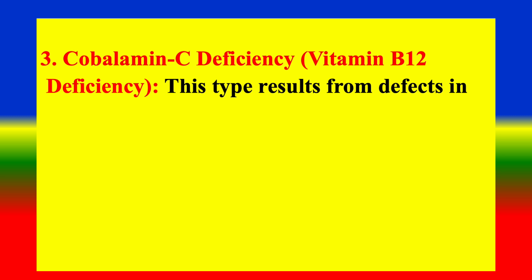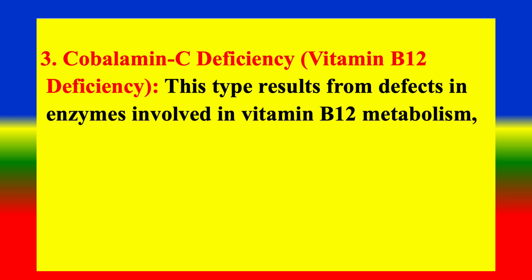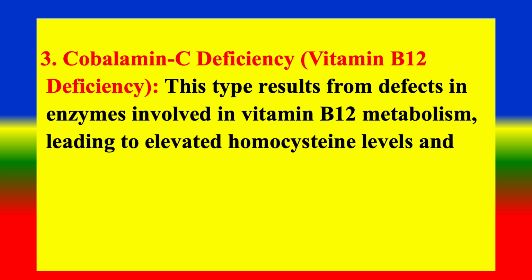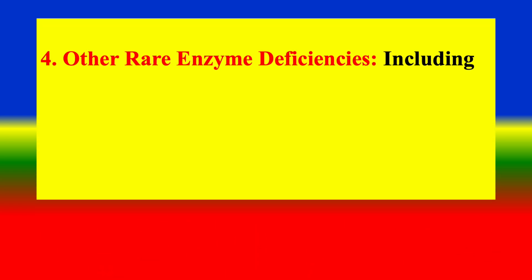3. Cobalamin C deficiency, vitamin B12 deficiency. This type results from defects in enzymes involved in vitamin B12 metabolism, leading to elevated homocysteine levels and neurological symptoms. 4.